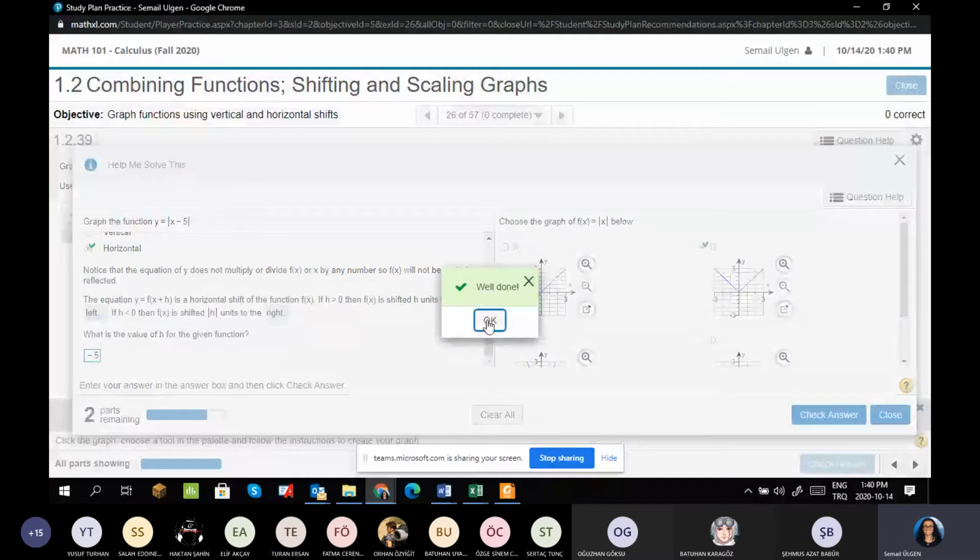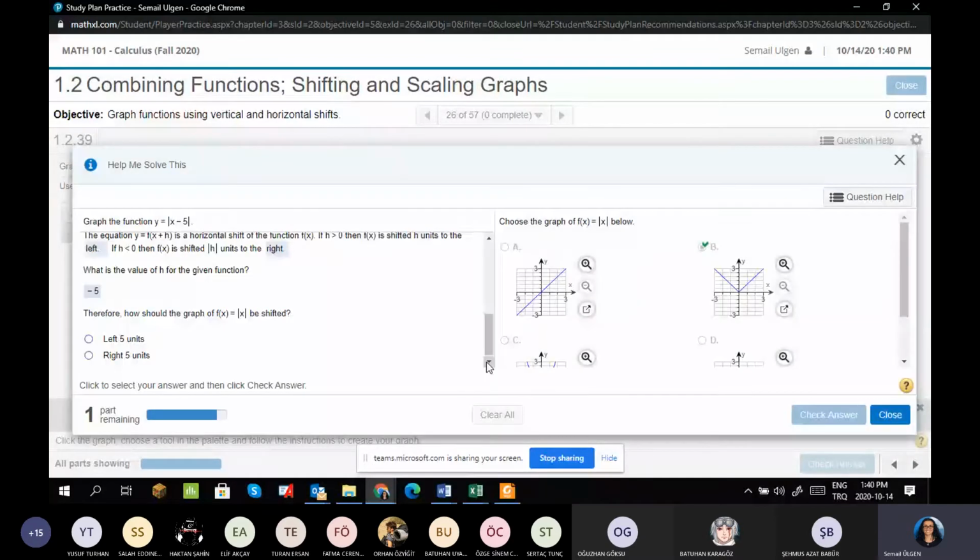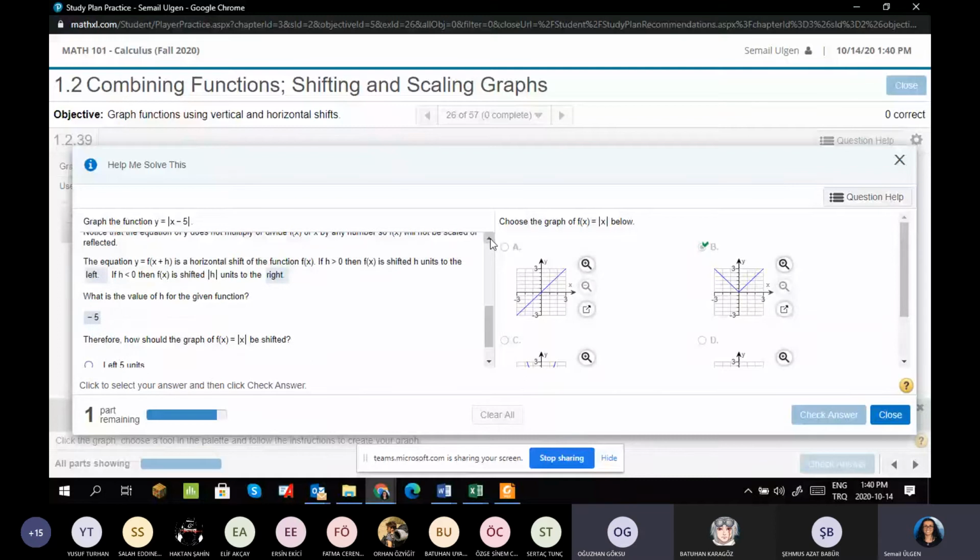Okay, very good. Now, therefore, how should the graph of absolute value of x be shifted? So we just look at the definition. It says here, if h is negative, then f(x) is shifted 5 units to the right. So we just read it from here, 5 units to the right.